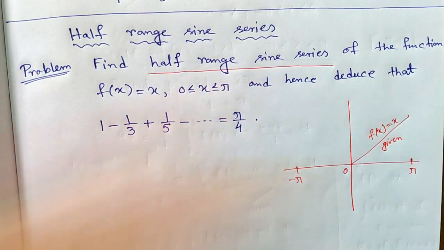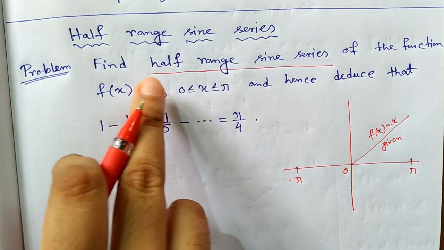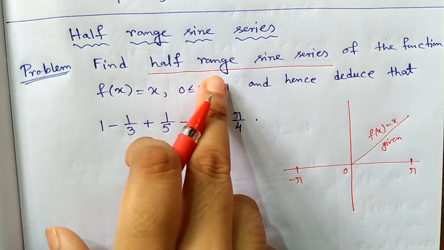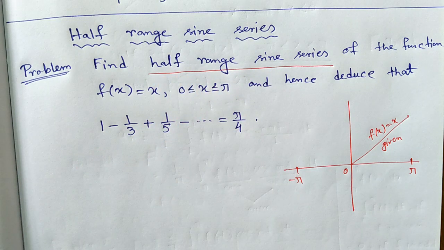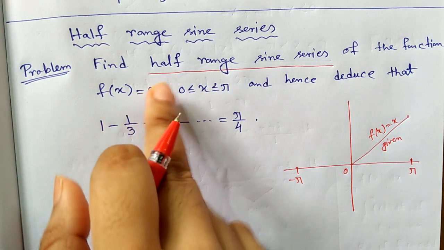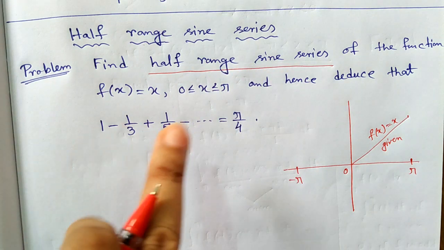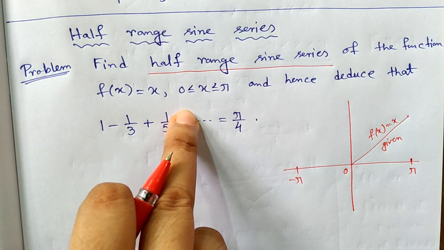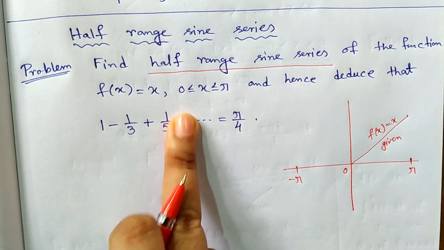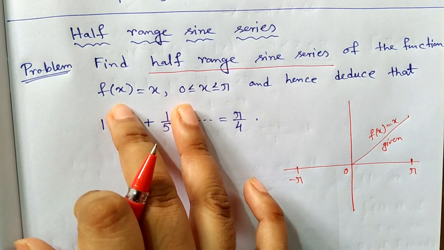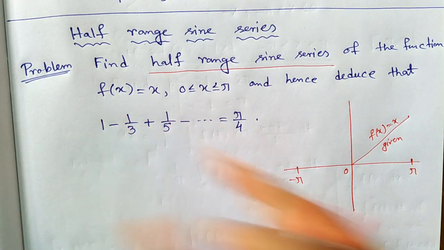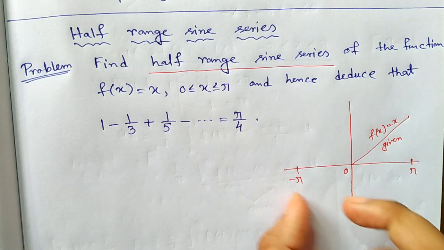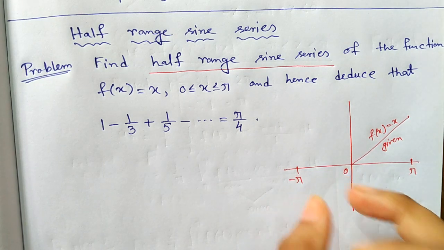See the problem. It is asked to find the half range sine series, and as we know, in case of half range sine series, our function will be an odd function. That is, this given function should be extended to the negative half, minus pi to 0, as an odd function.